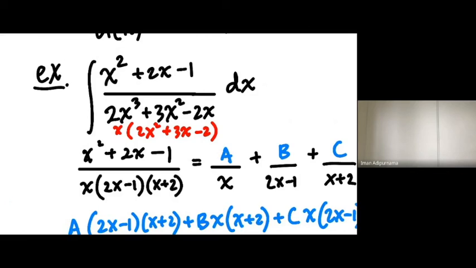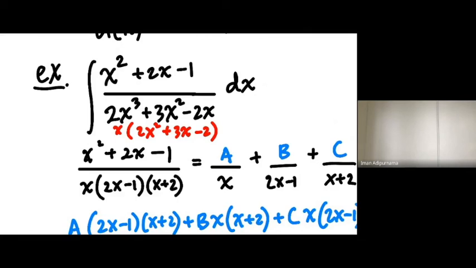But meanwhile, maybe one of the factors you cannot factorize, the determinant is less than 0, right? Then maybe you have something like x squared plus a constant.